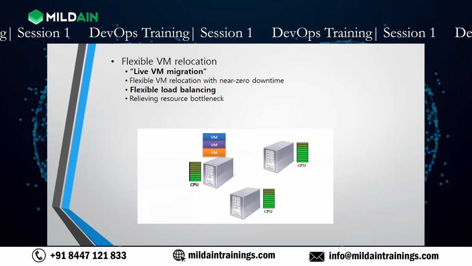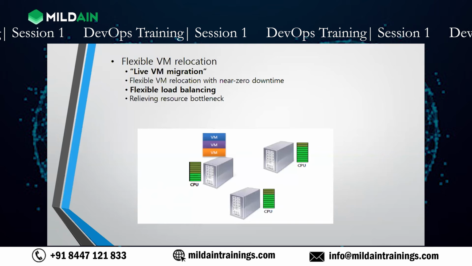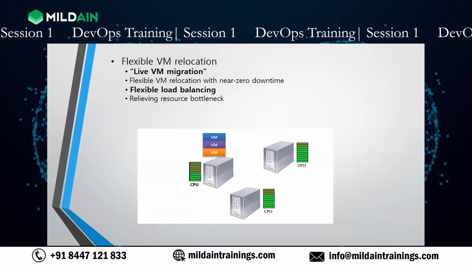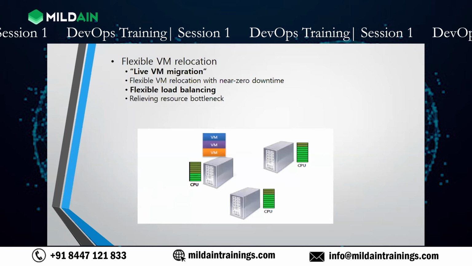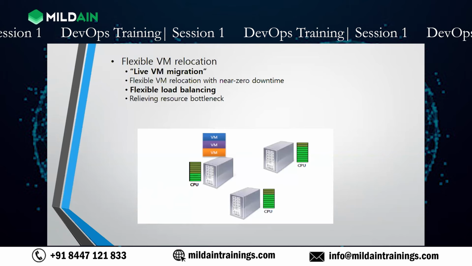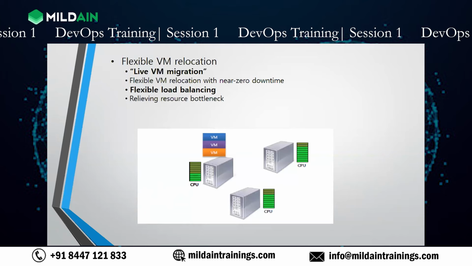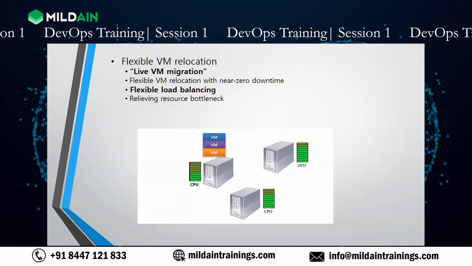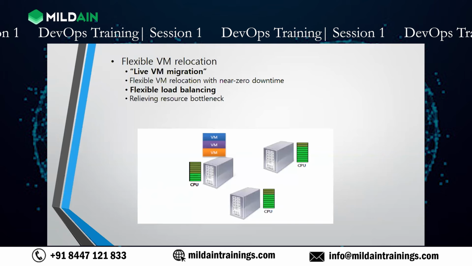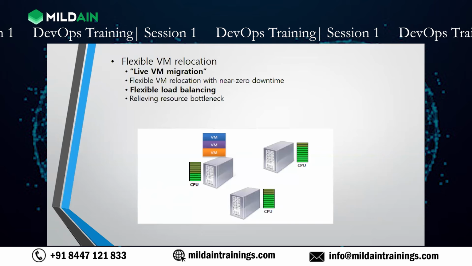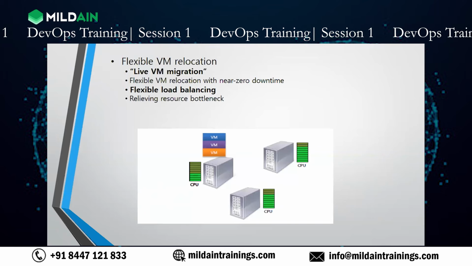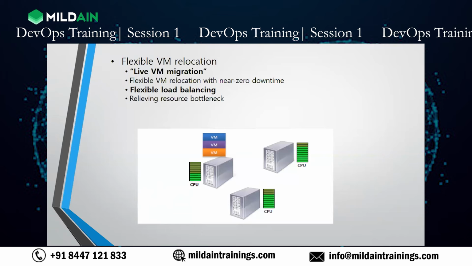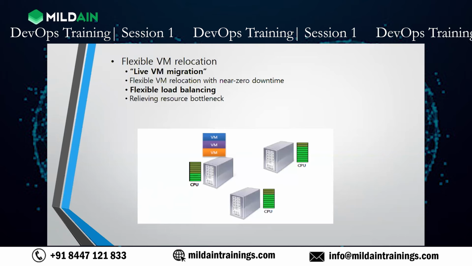But with virtual machines, flexible relocation is there, and we can have flexible load balancing. There are also no resource bottlenecks, because when we create the VMs, we create them as per our requirements. If we need more space in a VM, we give it that capacity when creating it.